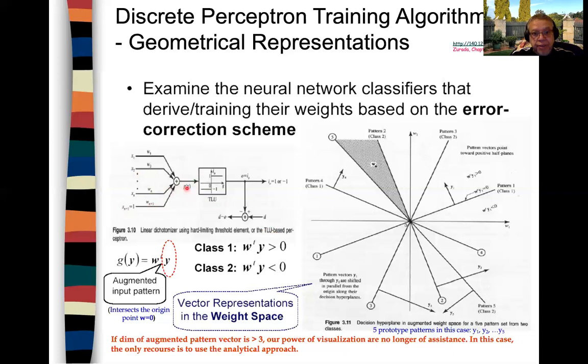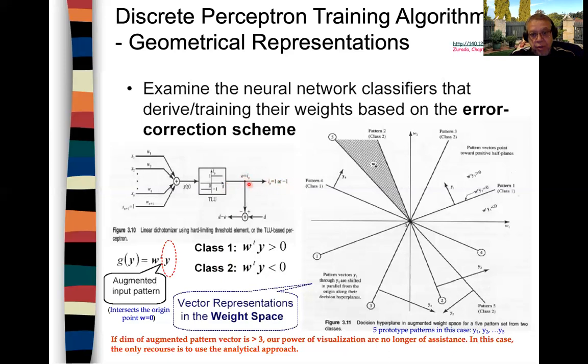And then if this activation is greater than a certain threshold, if it's greater than 0 in this case, we say that it belongs to class 1. If it is negative, we say that it belongs to class 2. And this is our output. So our output, O, is +1 or -1.